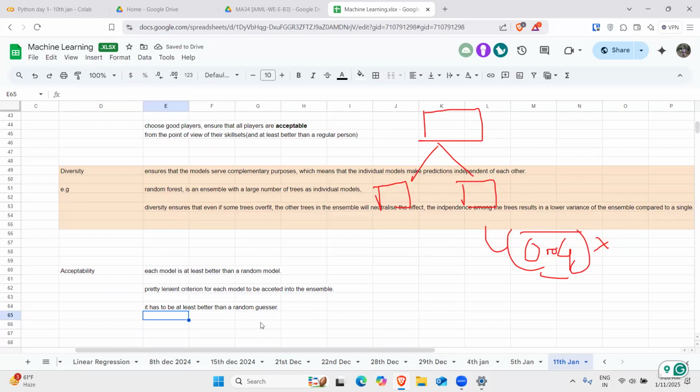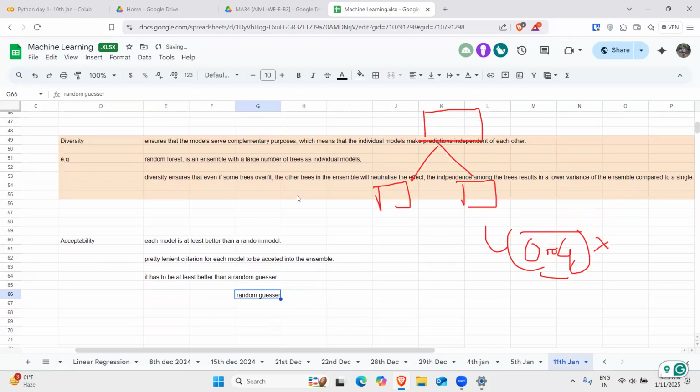Random guesser, what do you mean by random guesser? It's just like this. Suppose you are tossing a coin. This is something you will come across multiple times from now onwards, so remember what a random guesser is. The probability of that model should be at least greater than 0.5. So it is allowed that you have 0.51, 0.52, 0.53 accuracy or probability, something like that, right?